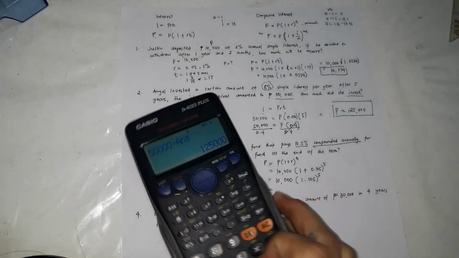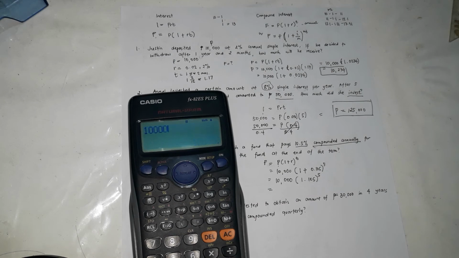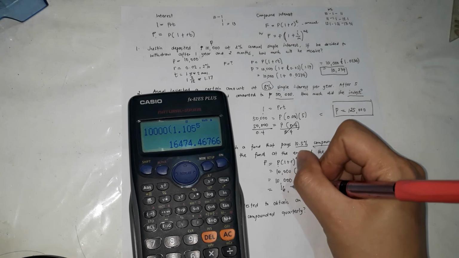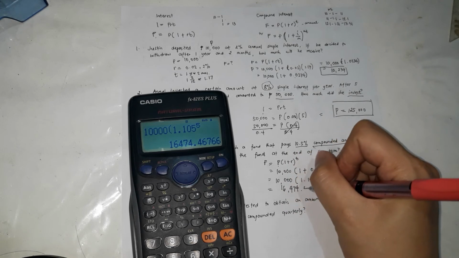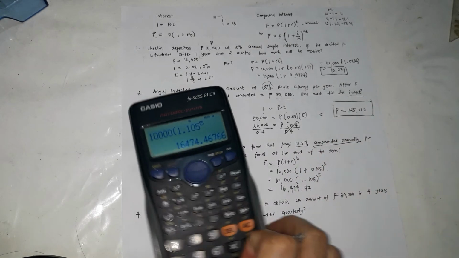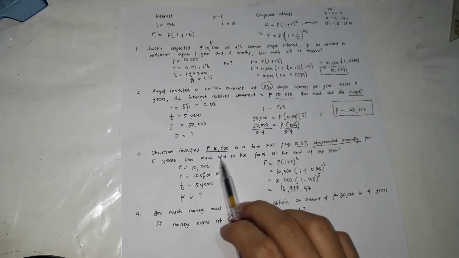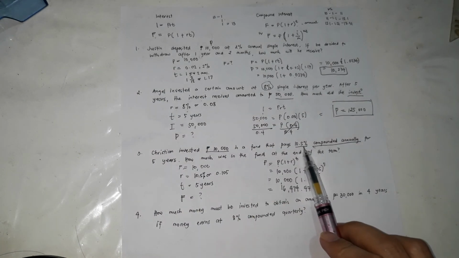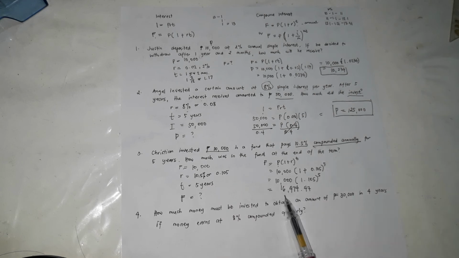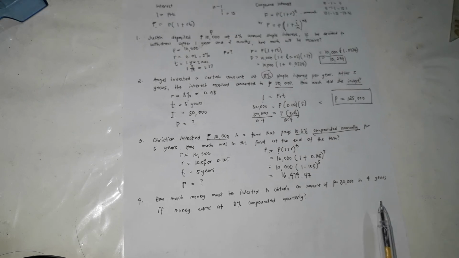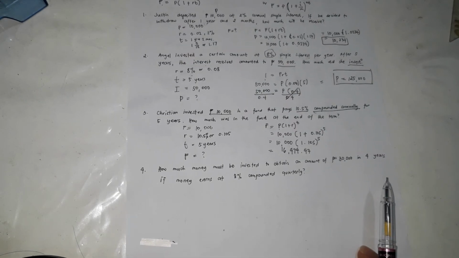So if you're going to type that in the calculator, 10,000 times 1.105 raised to the power of 5, the answer is 16,474.47. So, after ang 10,000 mo, after 5 years at 10.5% compounded annually, magiging 16,474.